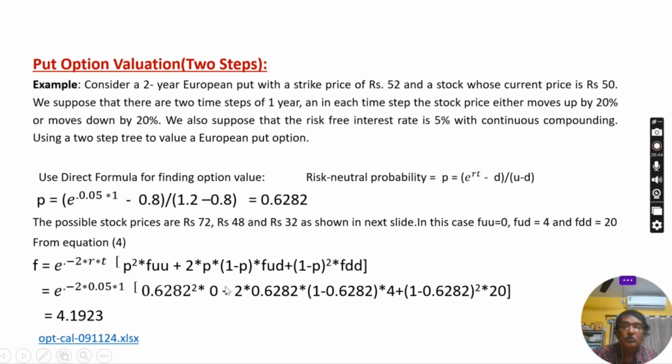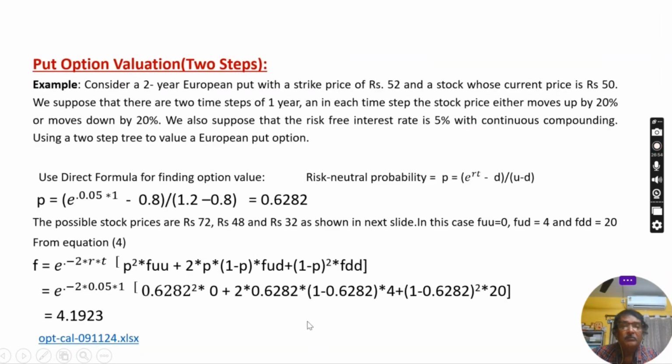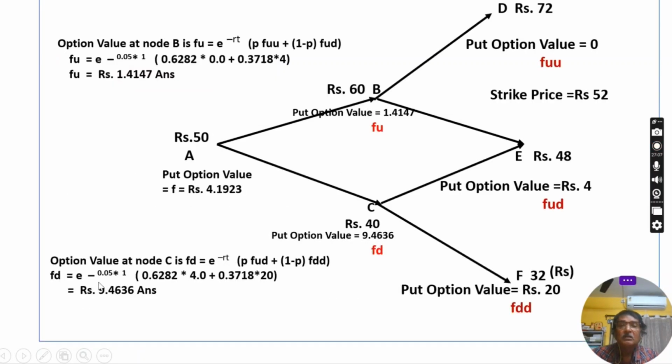And plus 2 into P, the probability P into 1 minus P, into FUD which is equal to 4. You can check it, FUD is 4. Plus 1 minus P squared into FDD which is 20. And if you compute, you will get the value 4.1923. We have calculated 4.1923.